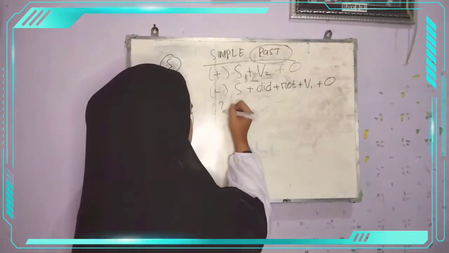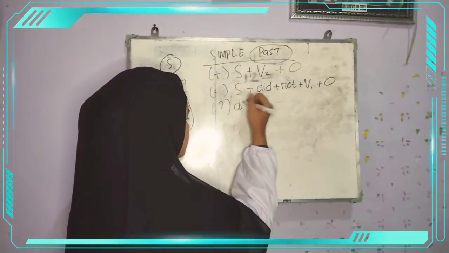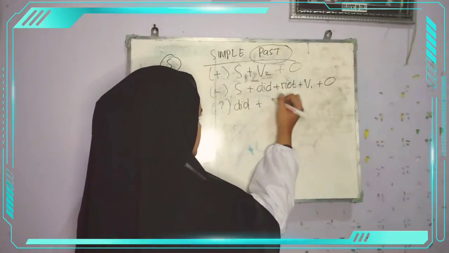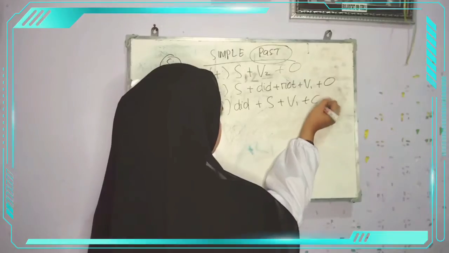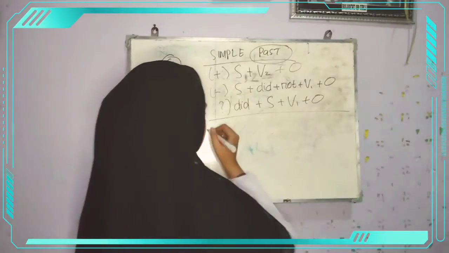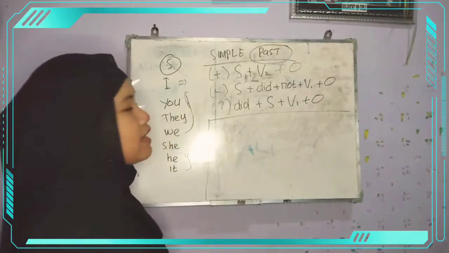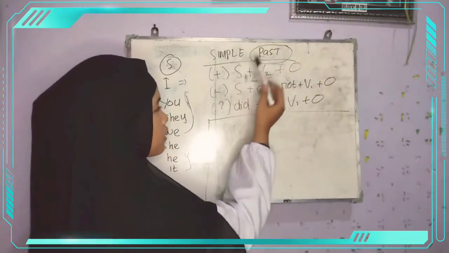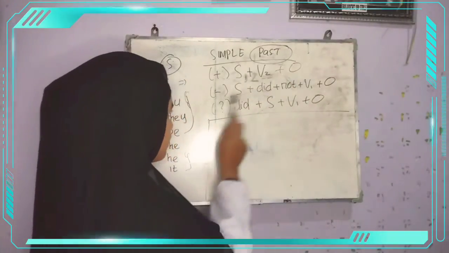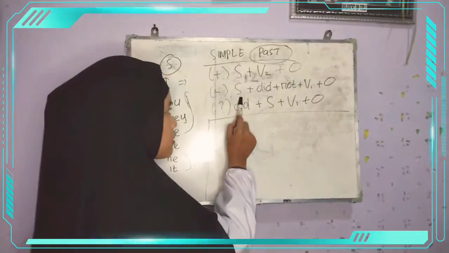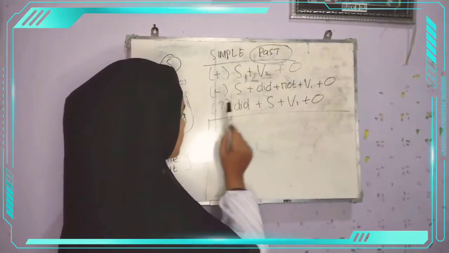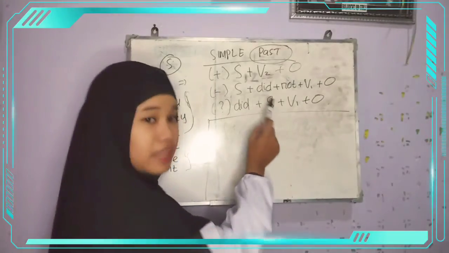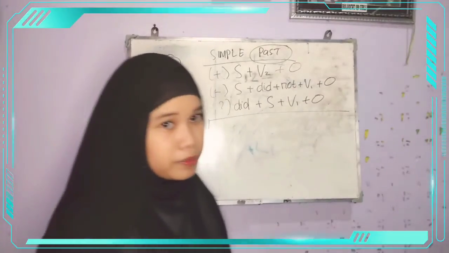So the interrogative is did plus subject plus verb 1 plus object. Right, that's the pattern. Positive: subject, verb 2, object. Negative: subject, did not, verb 1 and object. Interrogative: did, subject, verb 1 and object.